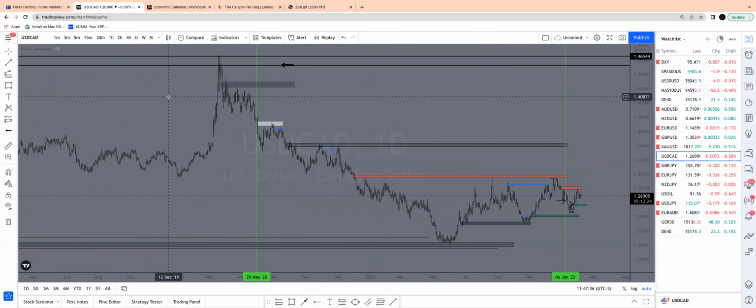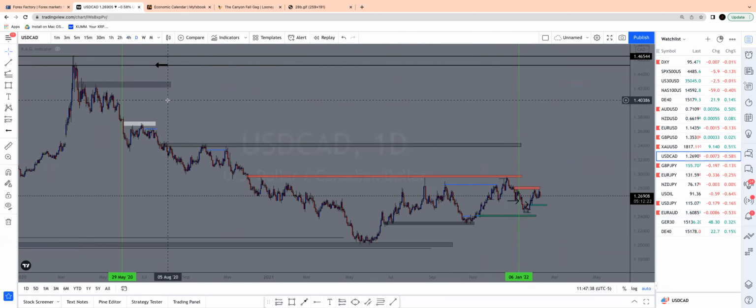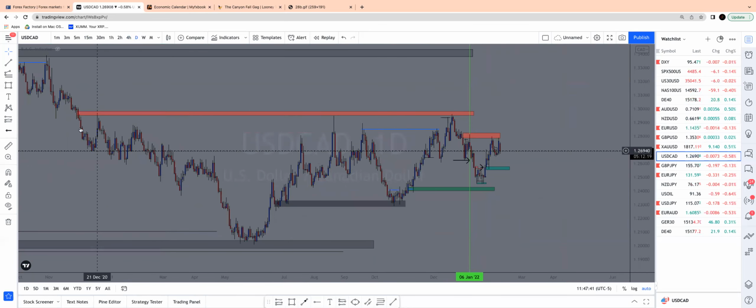You can see on a daily time frame, in December 2020 to August 2021, this was a range. This was the supply zone for USD CAD for the longest time.